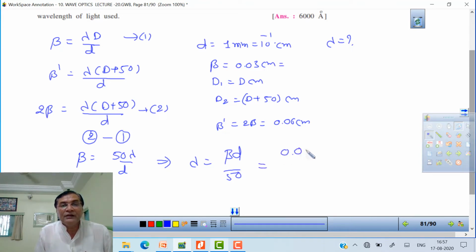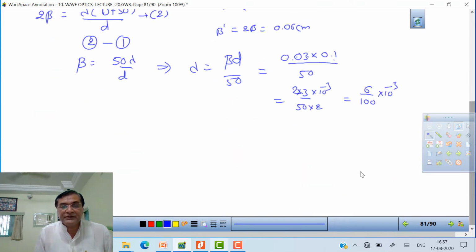So what is beta? 0.03 centimeter. Small d is 0.1 centimeter, divided by 50. So this is 3 into 10 raised to minus 3 divided by 50. I multiply by 2, I multiply by 2, so you will get 6 upon 100, isn't it? 6 upon 100 into 10 raised to minus 3.